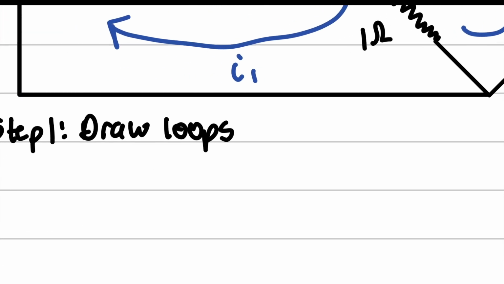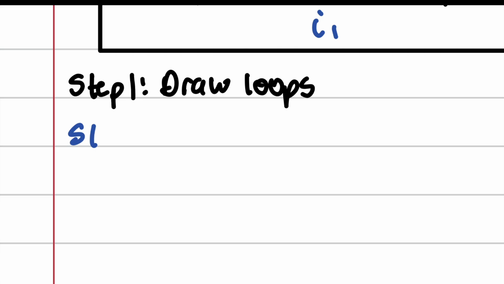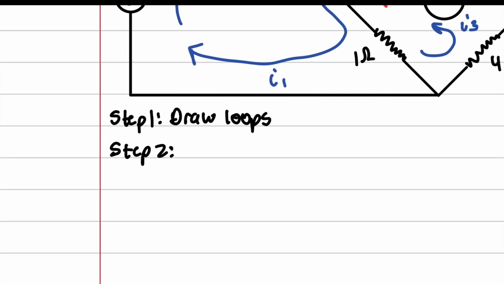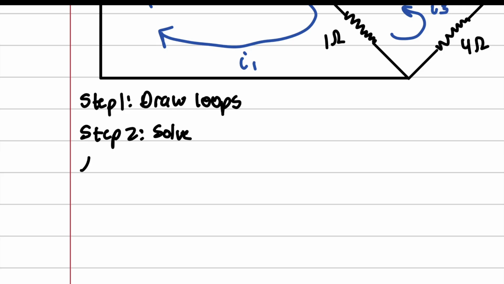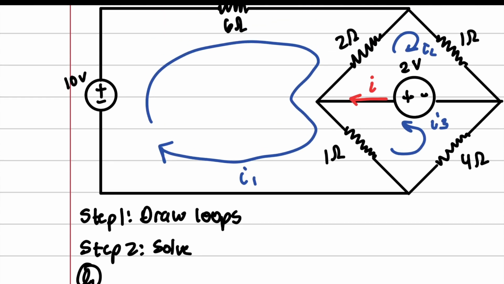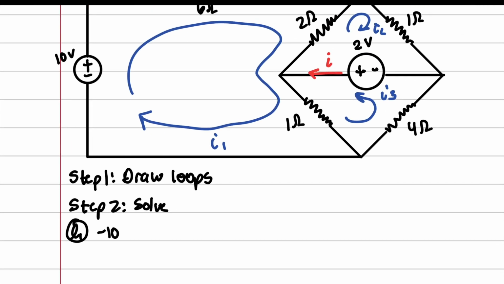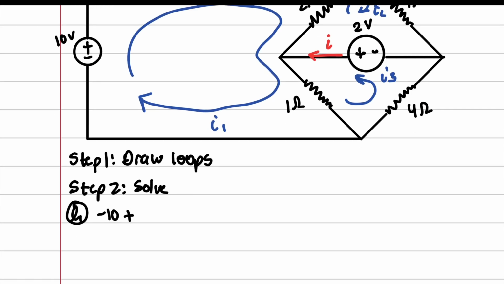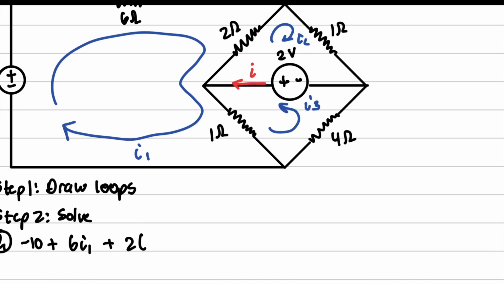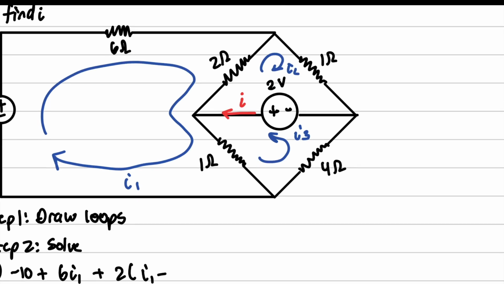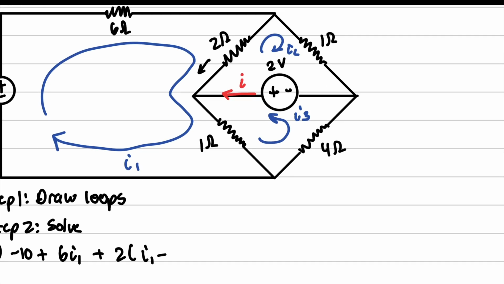And we are going to simply make our loop equations, which hopefully you guys should be able to do now. So we're going to do loop 1, which is minus 10 plus 6I1 plus, pay attention here, 2I1 minus I2 because these two are opposing each other.